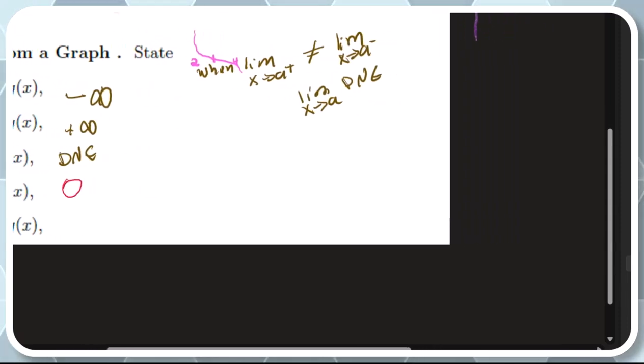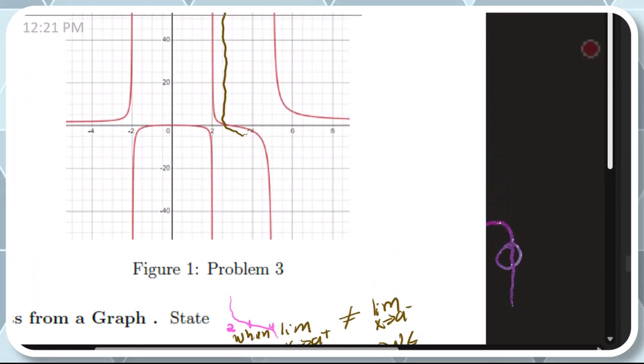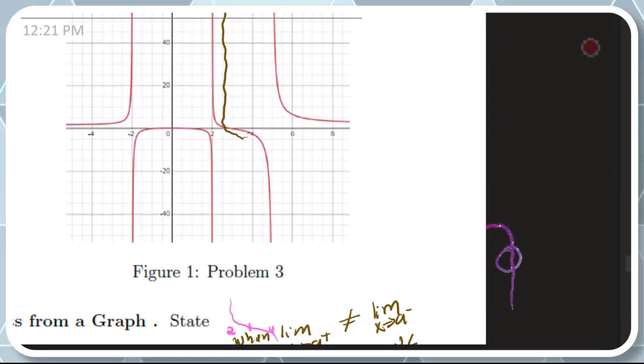Okay. So if we look at where x is equal to 5, that is right here. Well, no, that's not it. No, there's an asymptote at 5. Oh, that's why I asked that one.